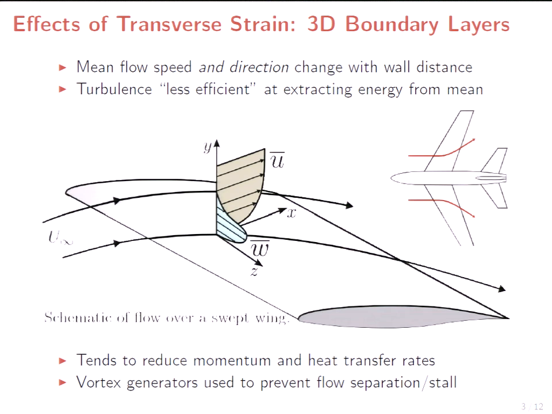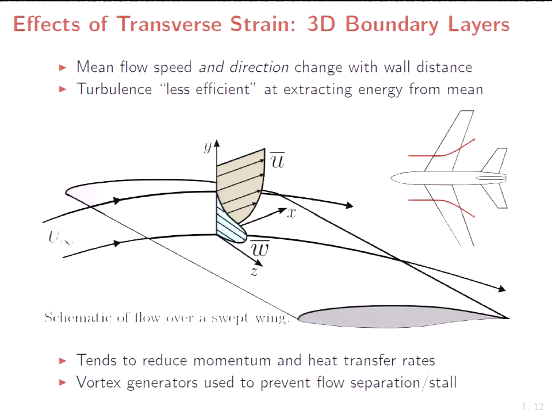Under these types of conditions, the turbulence is typically less efficient at extracting energy from the mean flow, and this tends to reduce momentum and heat transfer rates. In terms of engineering application, people often will put vortex generators to prevent the flow separation or stall that would occur under these conditions.